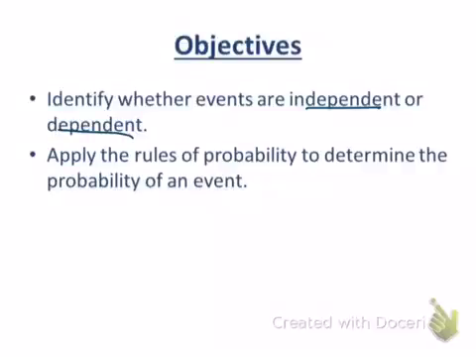So lesson 33, we're going to primarily be focusing again on the difference between independent and dependent events and how to find the probability of independent and dependent events. So what is the basic definition of simple probability? The probability of an event is equal to what?